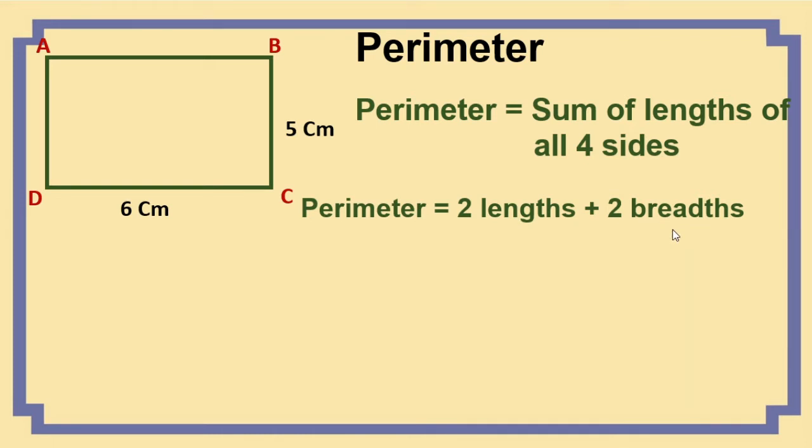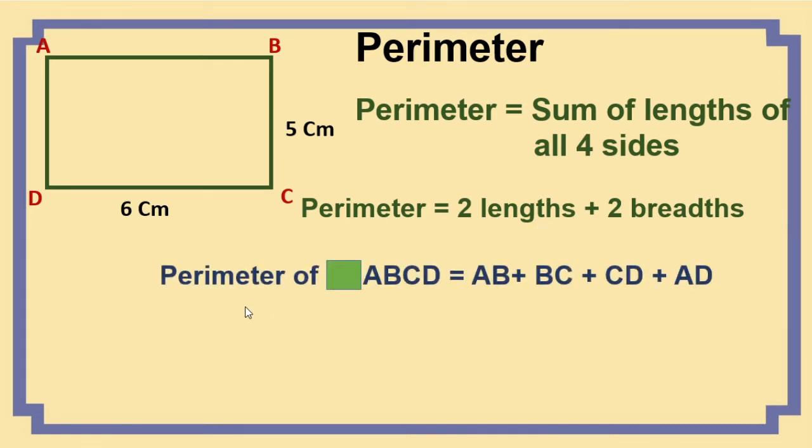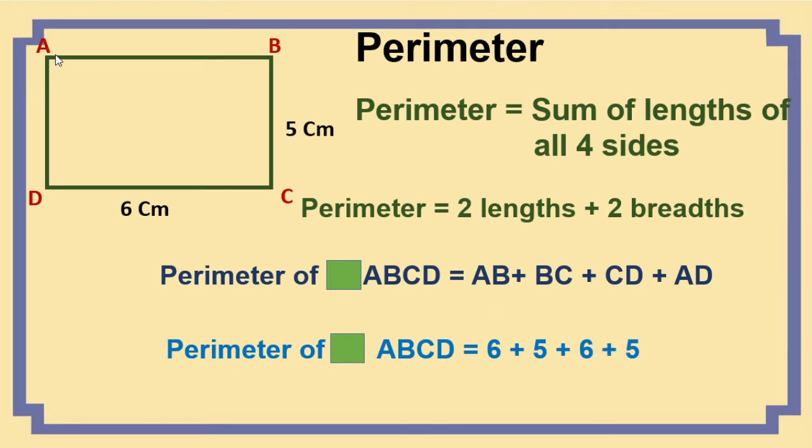Now we will substitute the values of length and breadth. See here, perimeter of rectangle ABCD is equal to AB plus BC plus CD plus DA. See here, AB is 6 cm, BC 5 cm, CD 6 cm and DA is 5 cm. Here we have substituted the values of these lengths, isn't it?